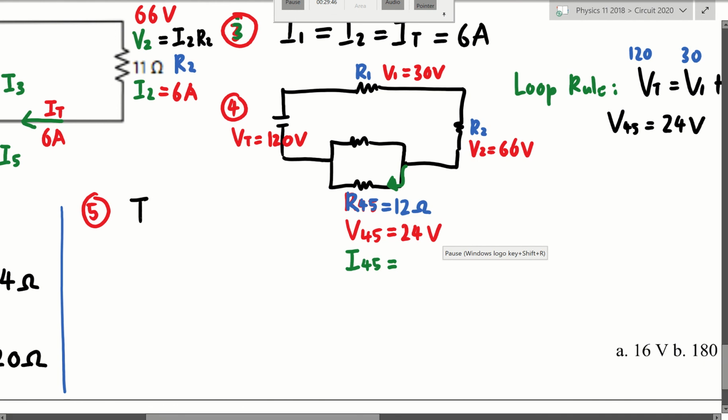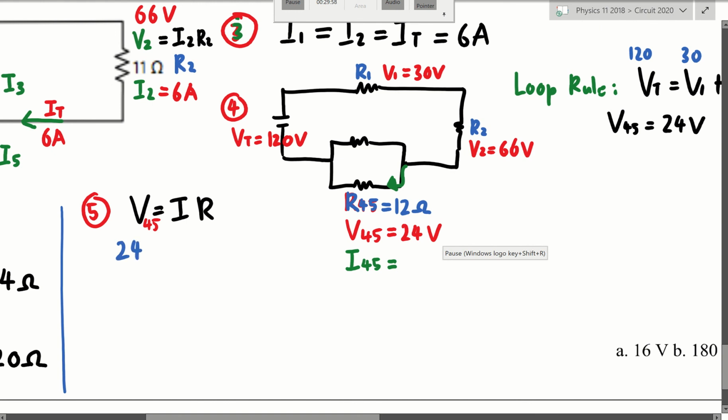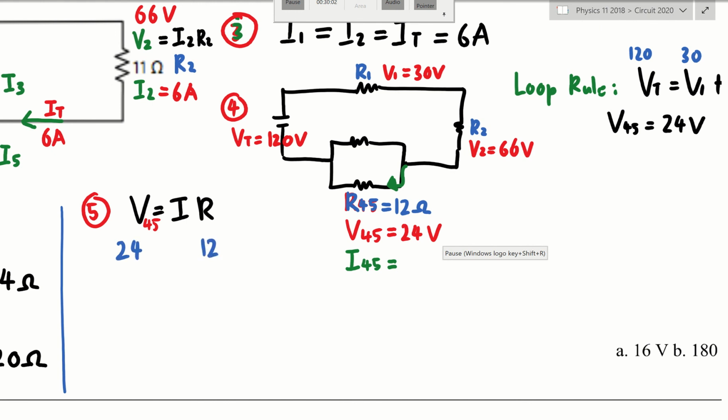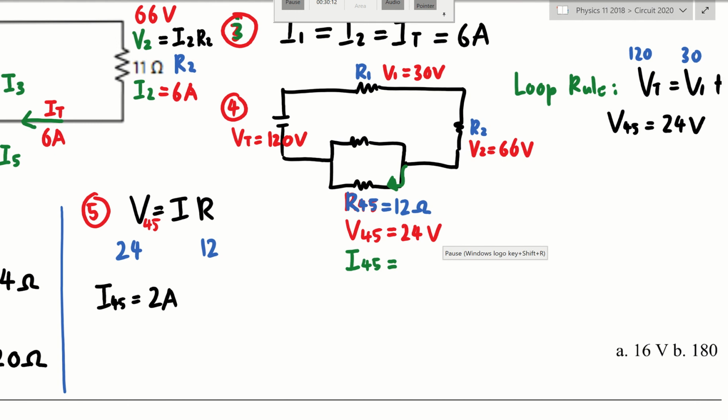V equals IR, except that they are the 4, 5. Voltage is 24, resistance is 12, so current must be 2, right? 24 divided by 12. So I45 must be 2 amp.